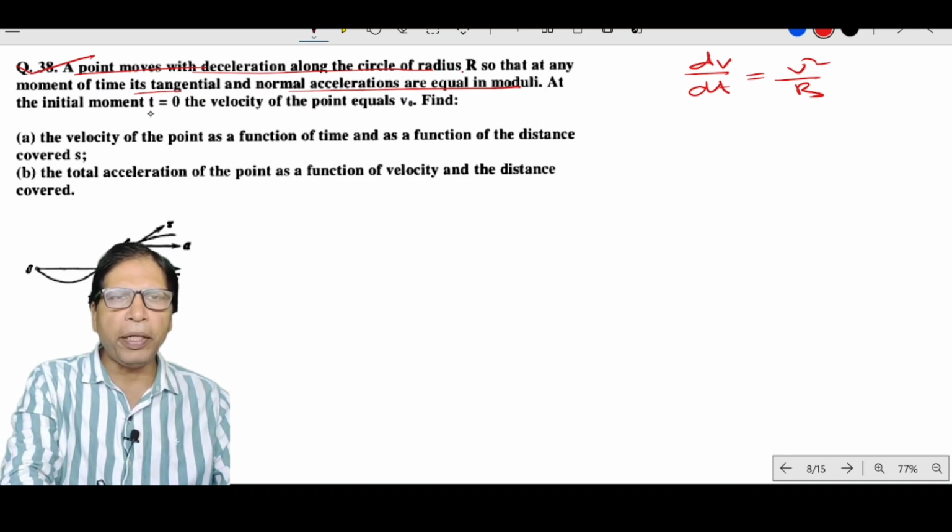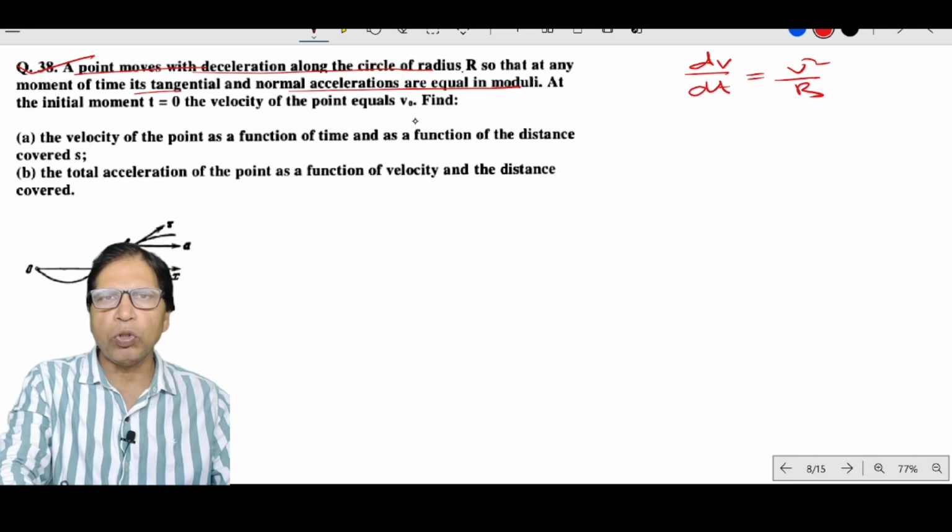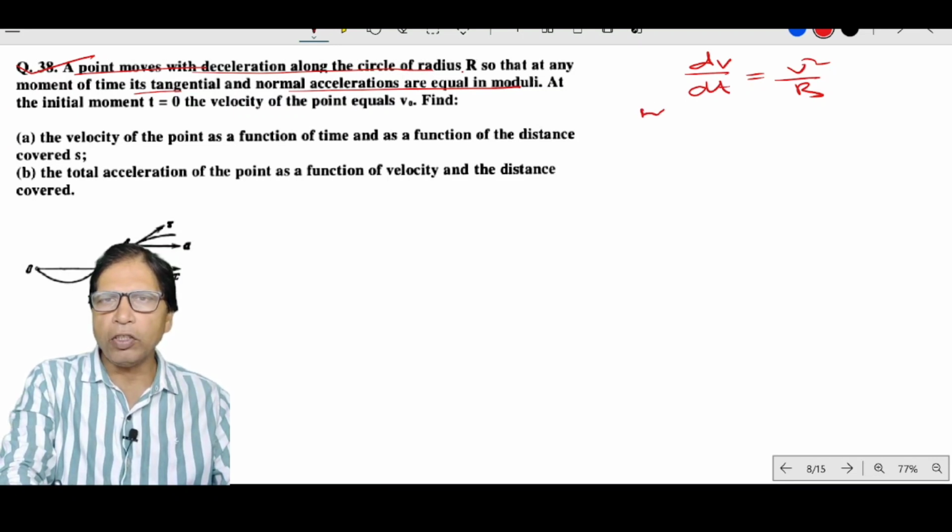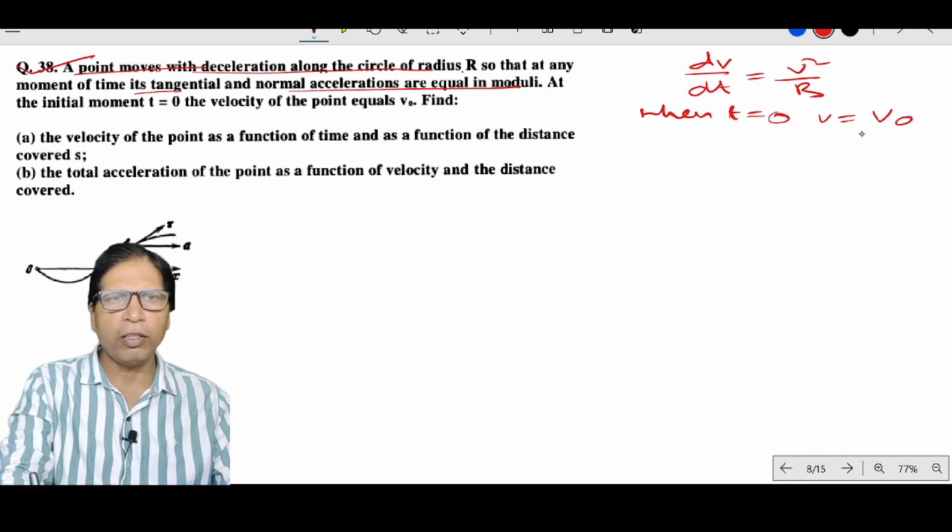At the initial moment t equal to 0, the velocity of the point equals v naught. That is, when t equal to 0, v equal to v naught. And here acceleration w equal to minus dv by dt.